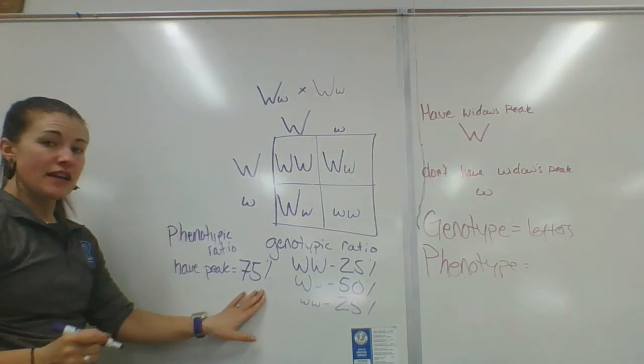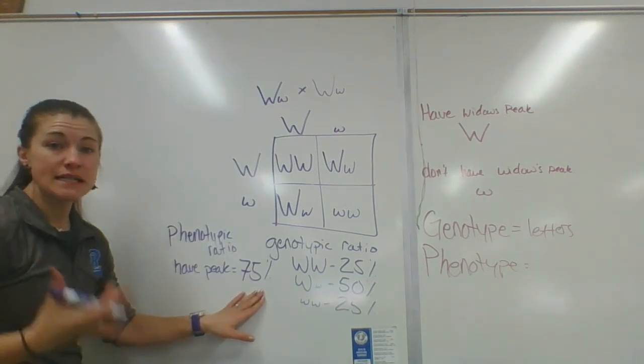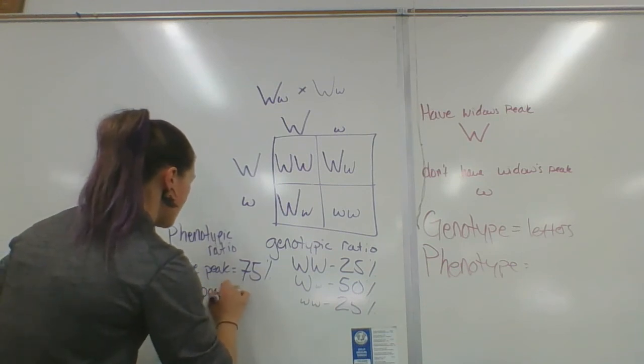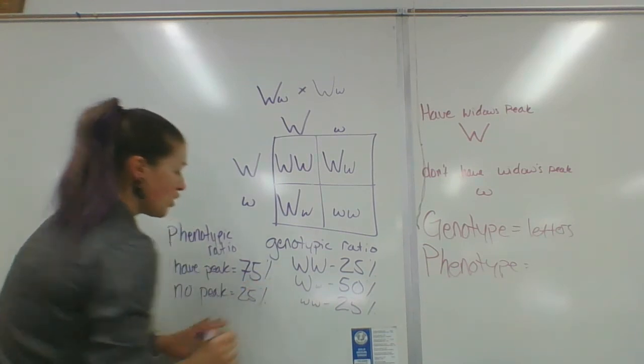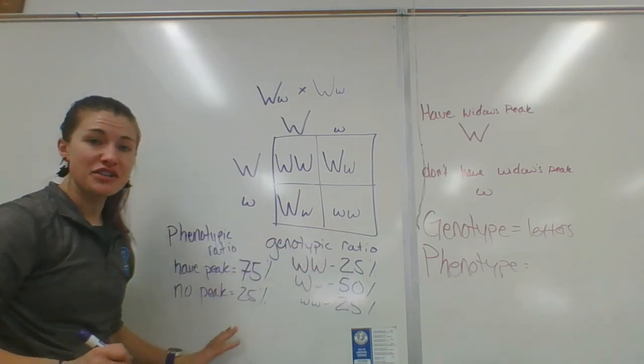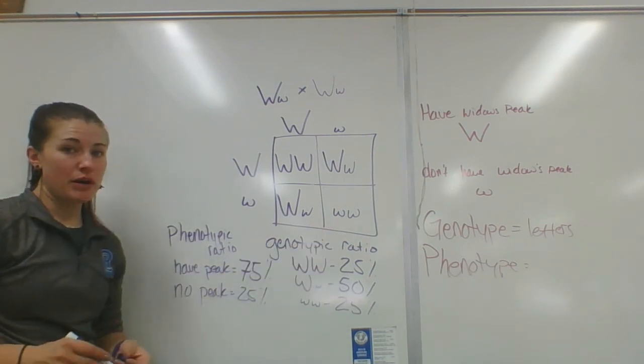So they would have a 75% chance of having a child that does have a widow's peak, and no peak would be 25%. So they have a 25% chance of having a child without a widow's peak.